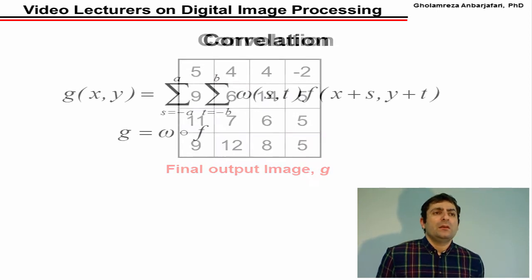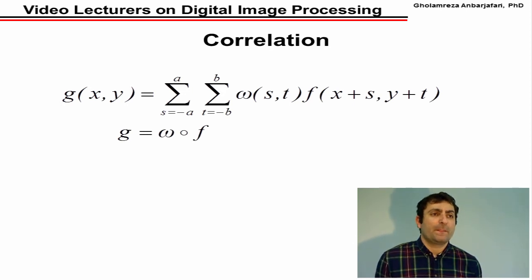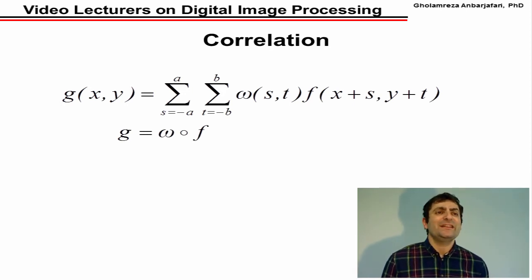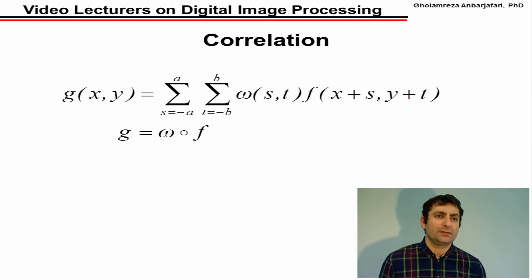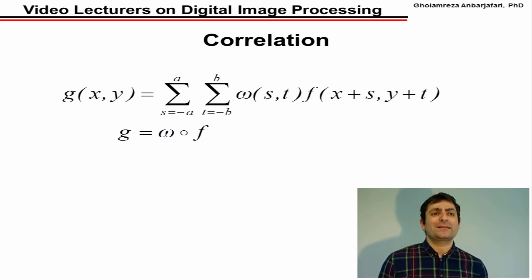Now, I said that we will talk about convolution and correlation. Correlation is nearly identical to convolution, with only one minor difference: instead of multiplying the pixel by the opposite of the kernel, you multiply it by the equivalent of the kernel.